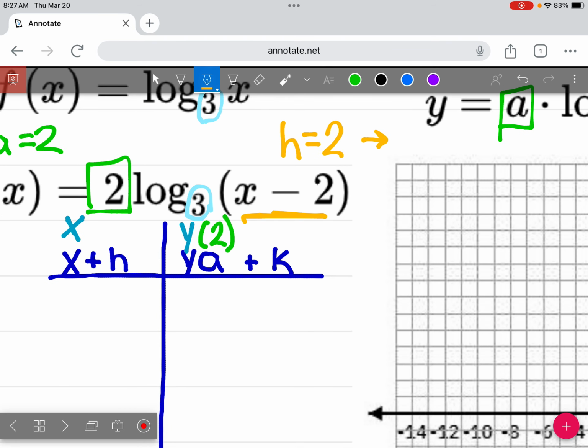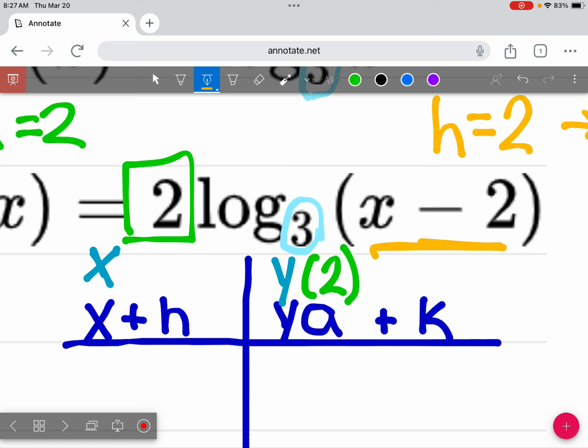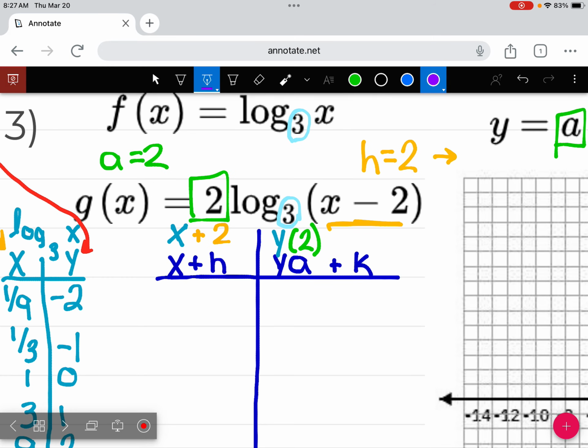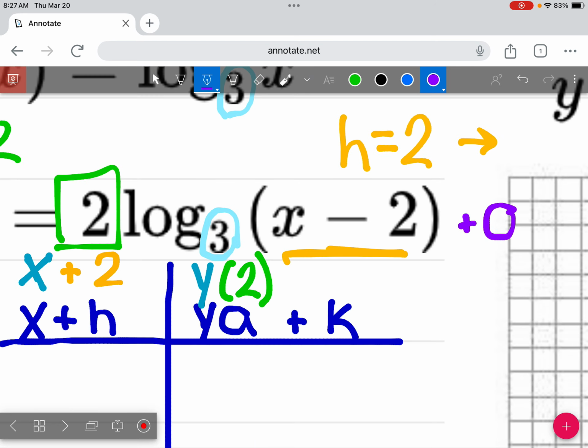Math word for nothing. X would be for something we don't know. We know it, it's just not there. 0. I can add 0 on the end here, and I didn't change my equation. So our k is actually 0. It's not being shifted up or down in any way, shape, or form. It is just being stretched and scooched to the right.